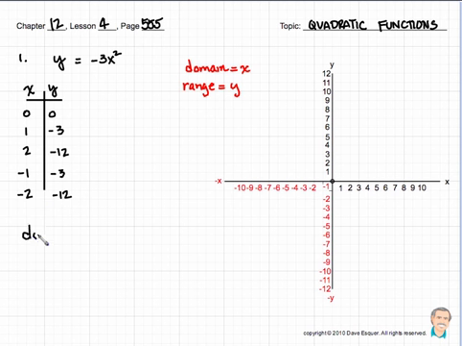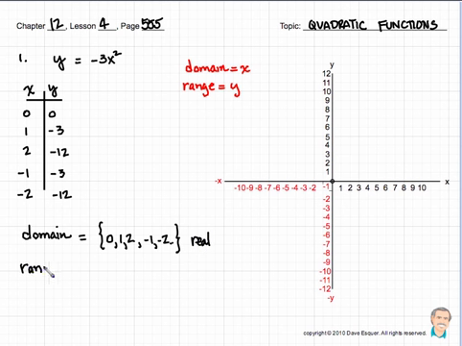So we can tell that the domain is going to be all the x values. It looks like numbers that are 0, 1, 2, negative 1, negative 2, and they go on and on and on. All the x's are all real numbers.